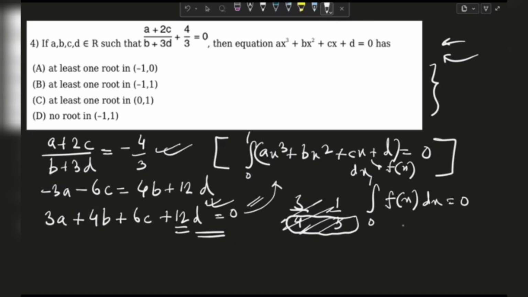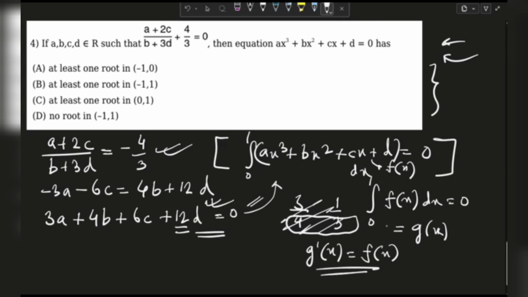Now let's take this thing to be g of x. Although I guess the question is pretty obvious and straightforward, I am still showing it. We can write from here that g dash x is equal to f of x.